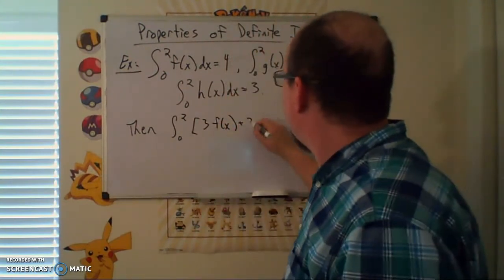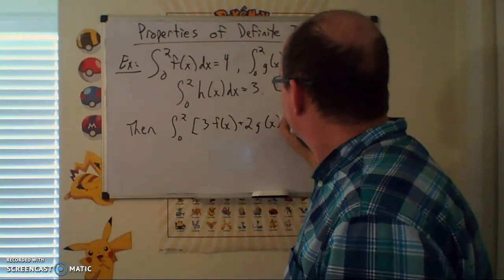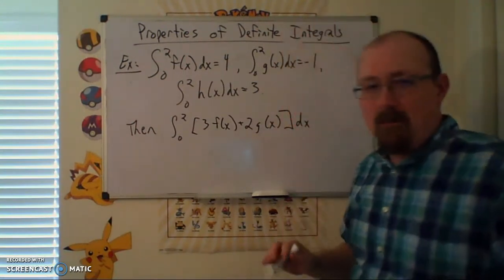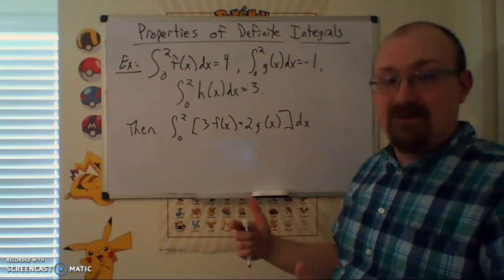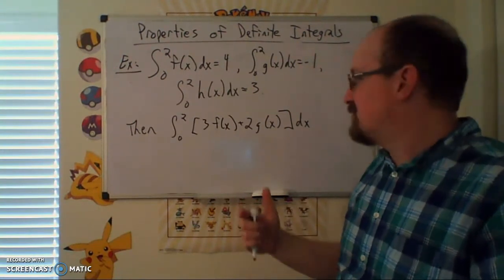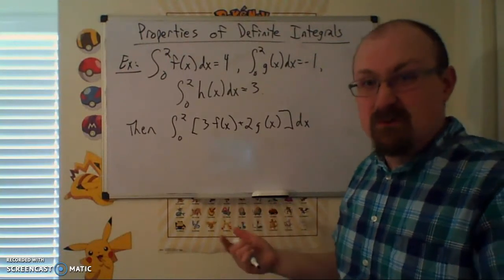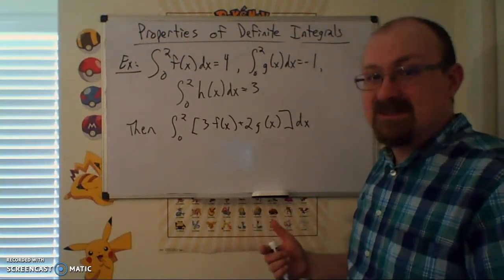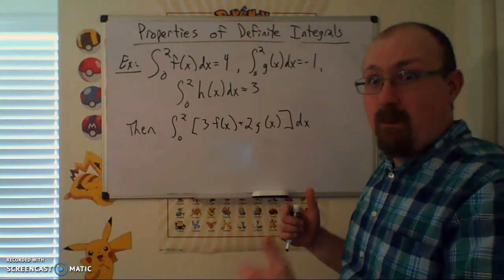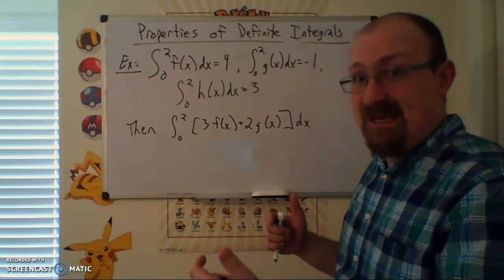If we wanted to work out the definite integral of this guy, you might get worried we have to go back to the drawing board and reinterpret all of this stuff. As it turns out, no, we can use our properties of definite integrals to break this thing up, so we never really need to worry about anything other than f or g at a time.